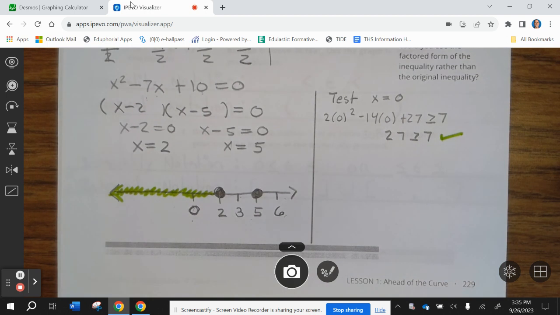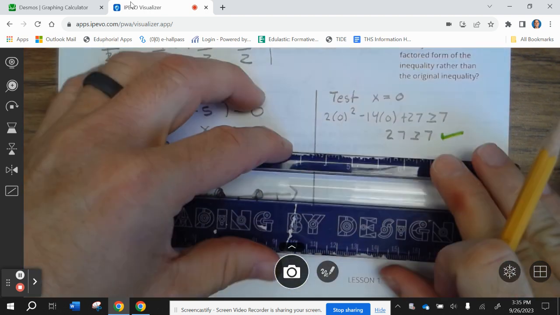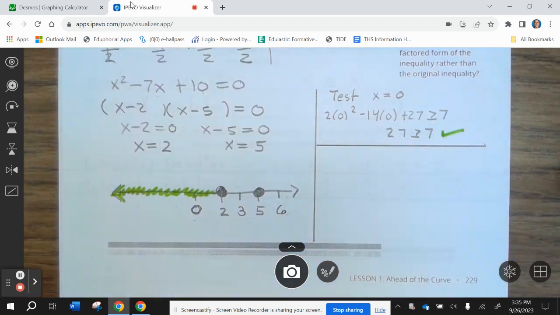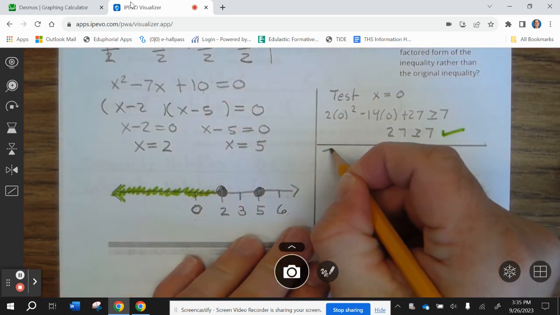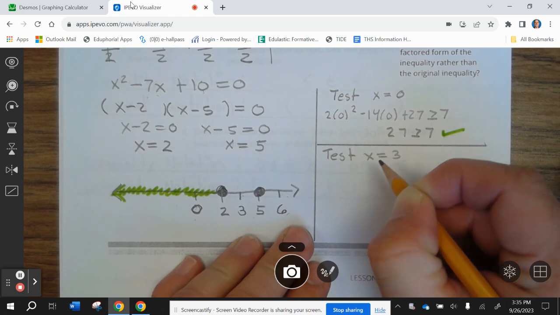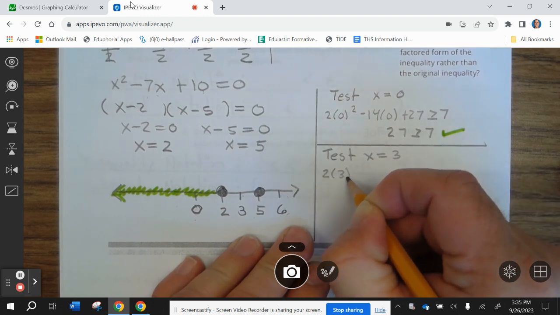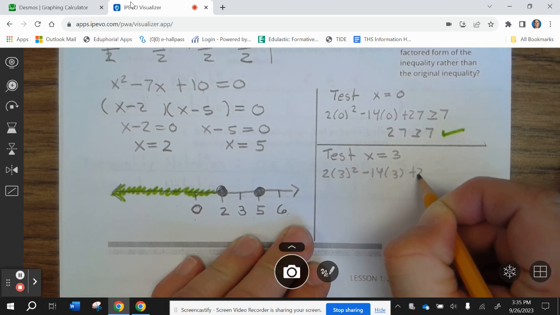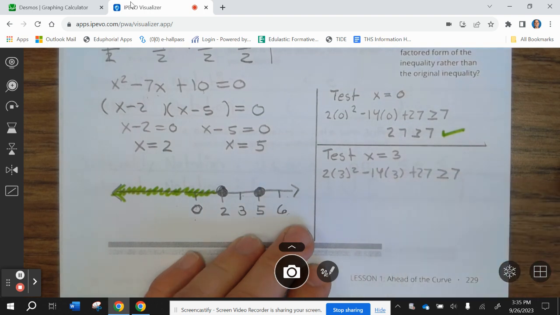Okay. Now, let's test x equals 3. So that's 2 times 3 squared minus 14 times 3 plus 27 greater than or equal to 7.